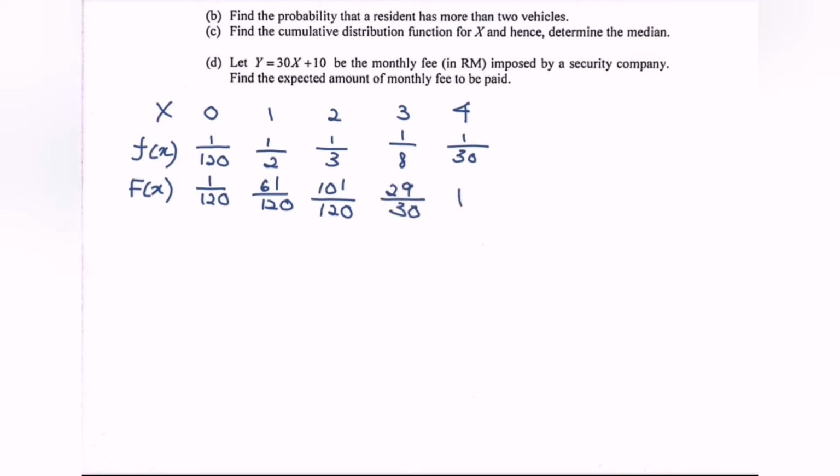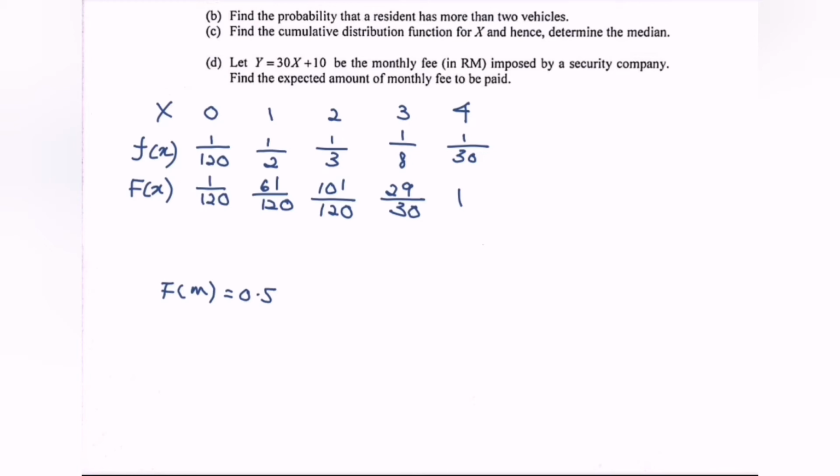So we have the CDF, which is the capital Fx. Next is to identify the median, Fm equal to 0.5, meaning that we are going to find the location for the median, or the location for the 0.5. So kindly refer to the CDF, the capital Fx. So where is the location for 0.5?